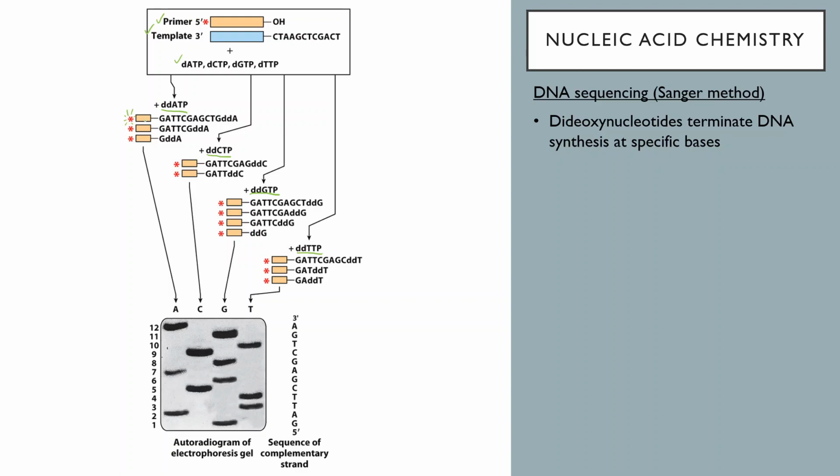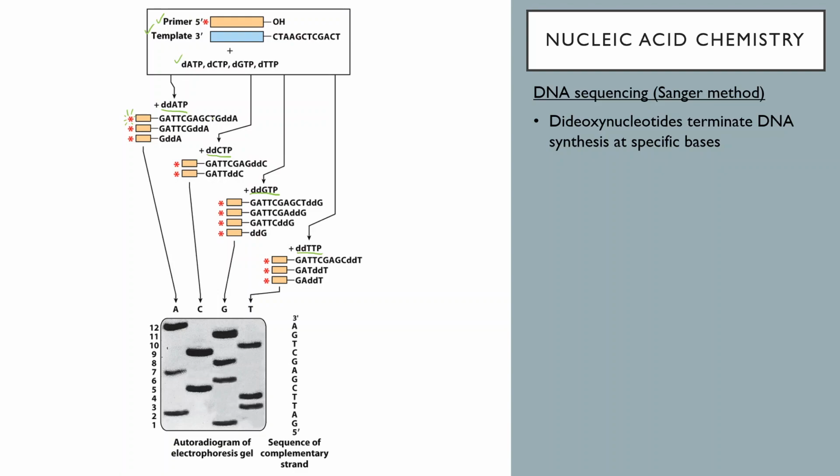That just lets you see it. And then the other end would include a dideoxy nucleotide. So in the tube that contained dideoxy ATP, you'd have a bunch of pieces of DNA, which would have a radioactive primer at one end, and then a dideoxy A at the other.